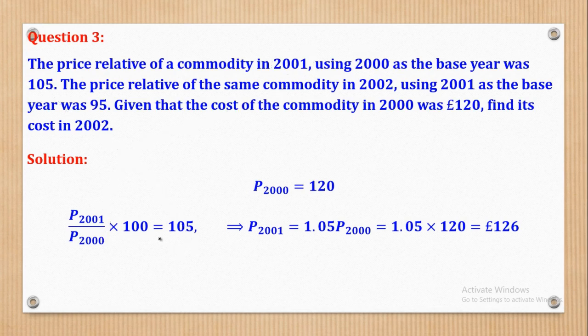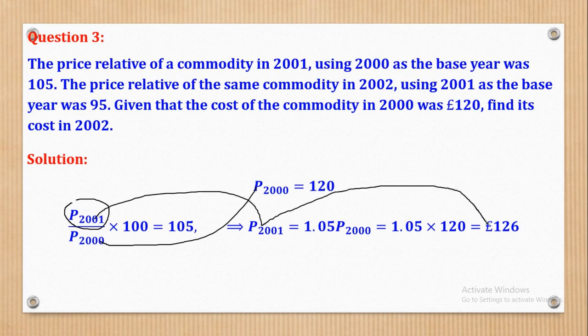But the good thing, I know the price of 2000, so what I'm going to do, I will substitute and make this the subject. So when I make it the subject, I'll come up with £126 as the price in 2001.